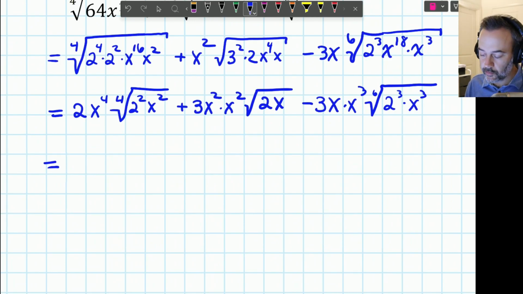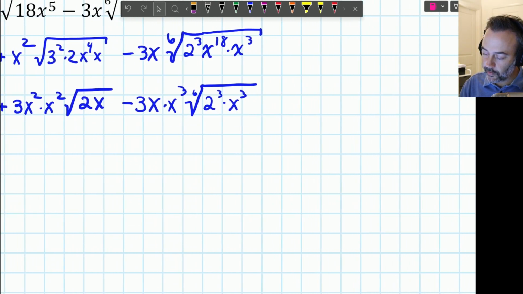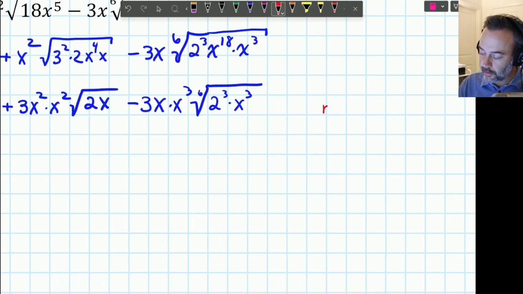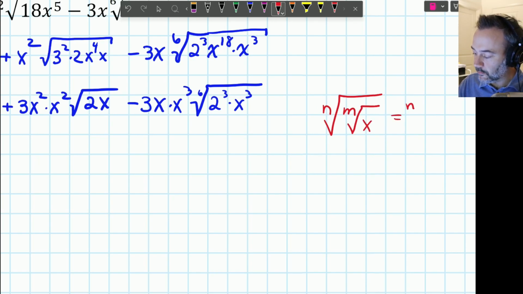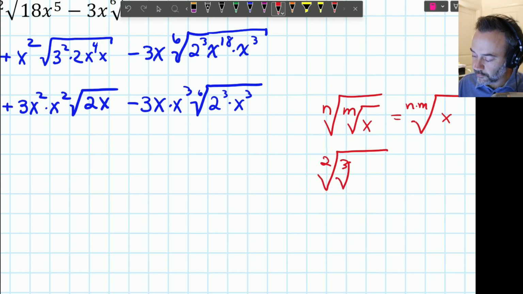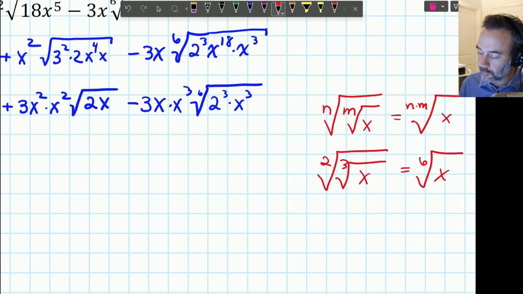They are like terms. And we need to remember that the nth root of the mth root of x is equal to the n times mth root of x. So for example, the square root of the 3rd root of x is equal to the 6th root of x.